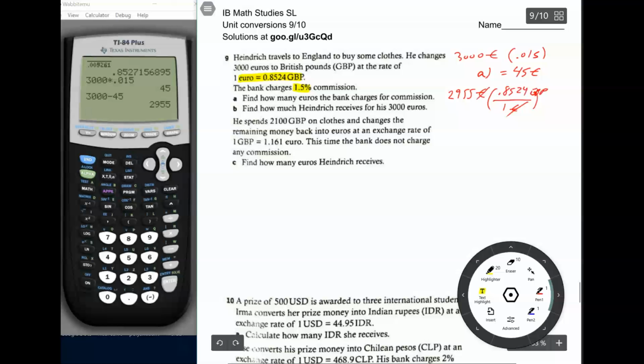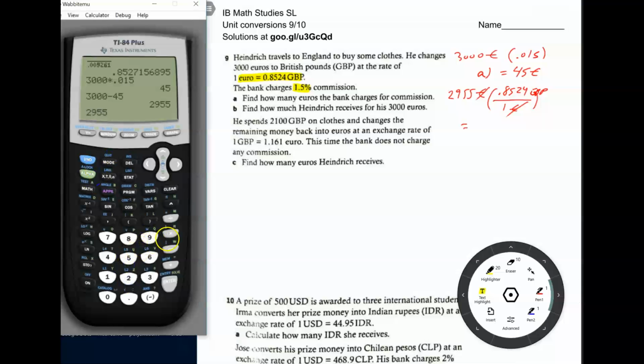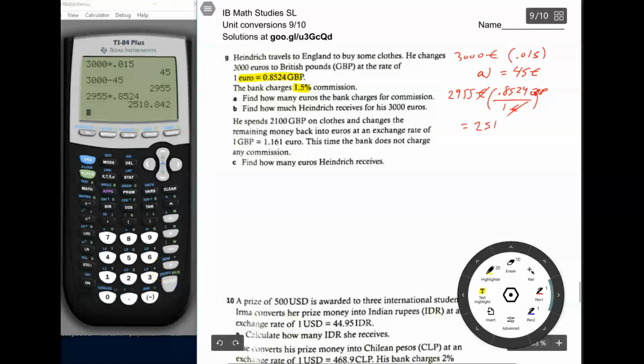When we multiply that out, we get 2,955 times 0.8524, so we get 2,518.84 GBP. All right, that was the answer to part B.